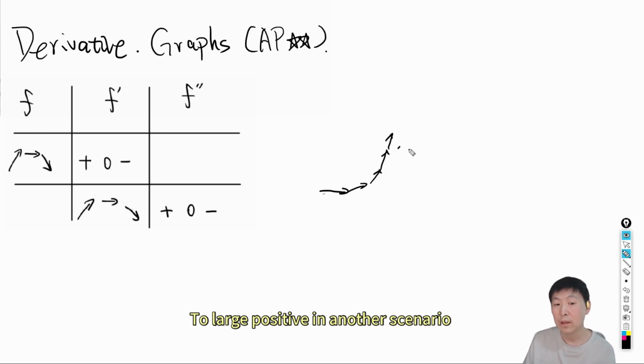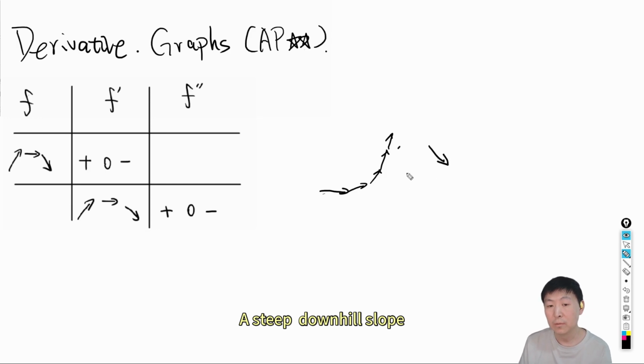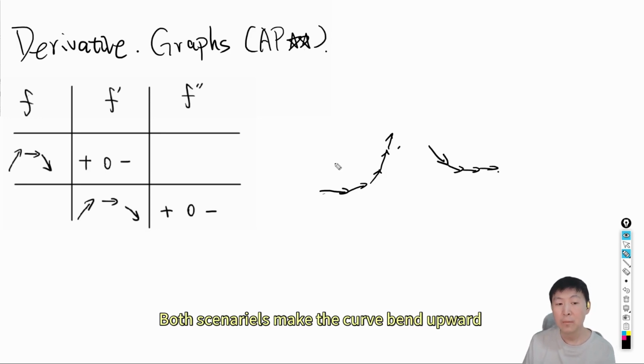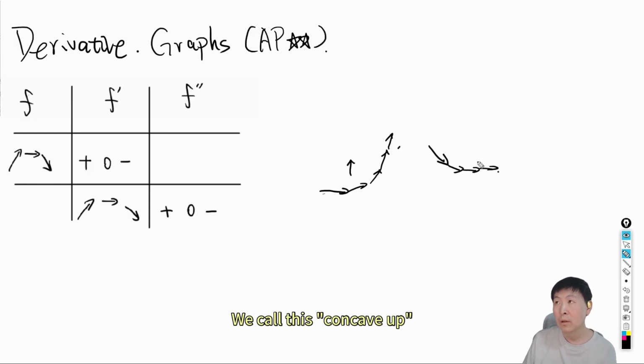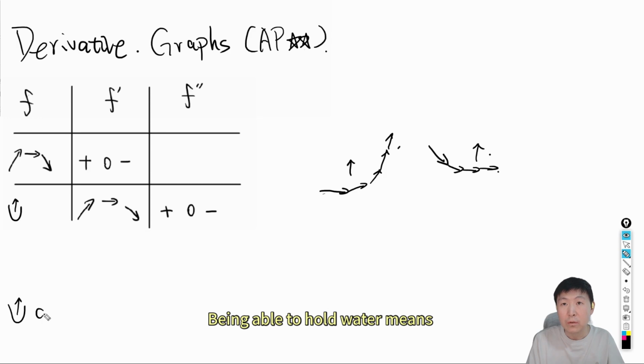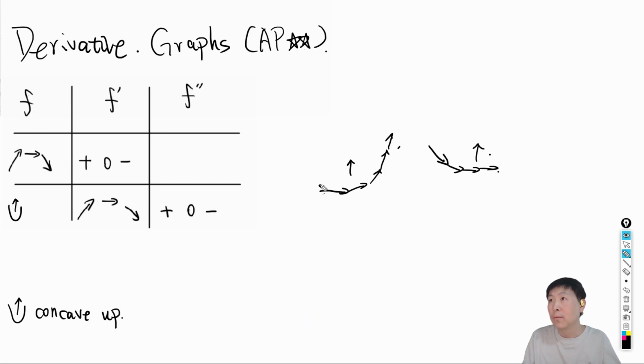In another scenario, a steep downhill slope becomes less steep, then flattens. Both scenarios make the curve bend upward. We call these concave up. Being able to hold water means concave up.